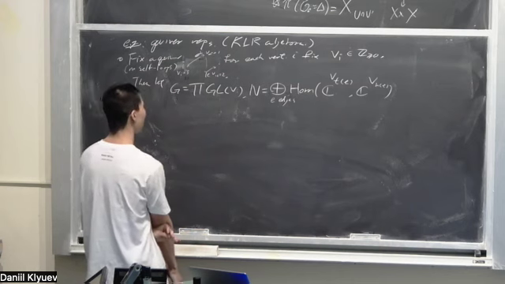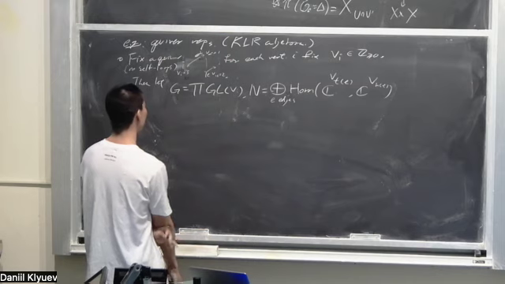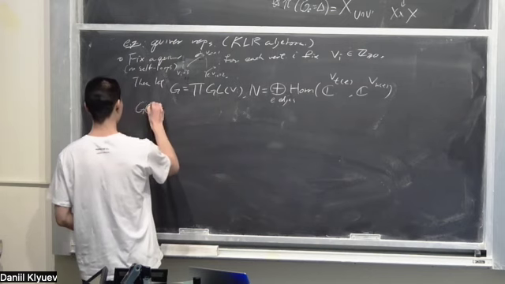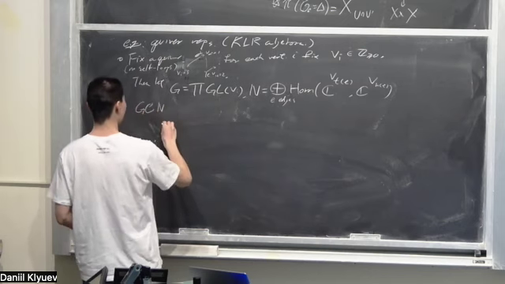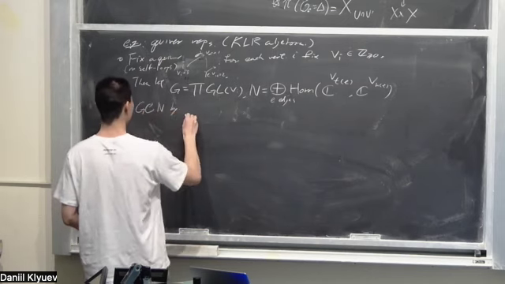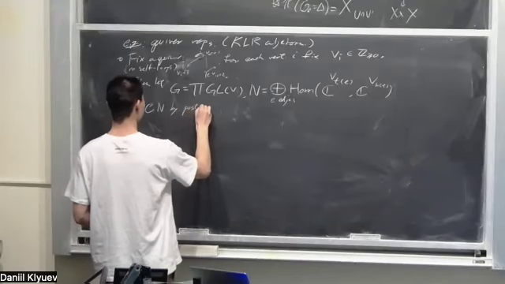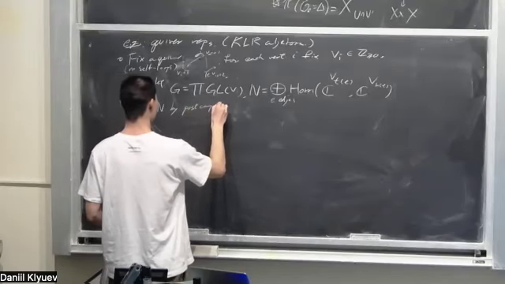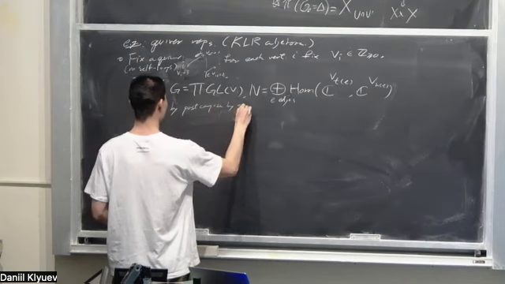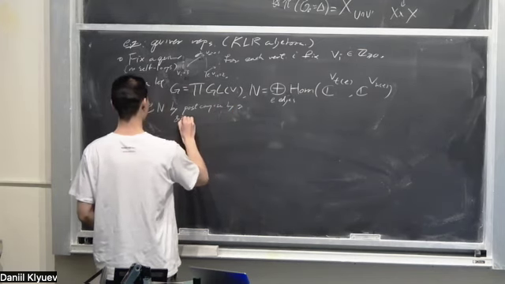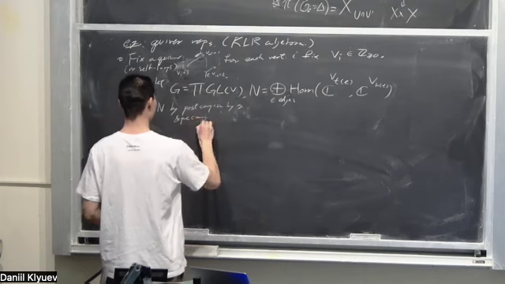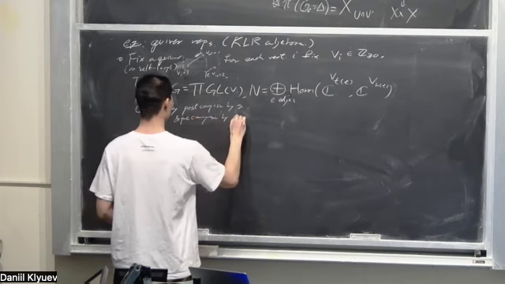Now what? Right. Oh yeah, so G acts on N by post-composition by g and pre-composition by g inverse.